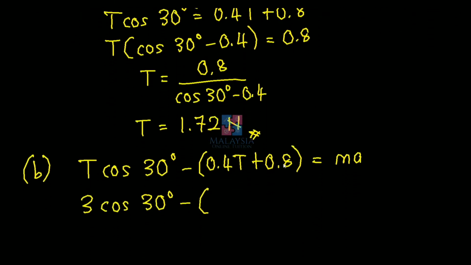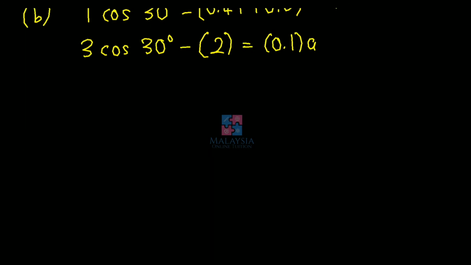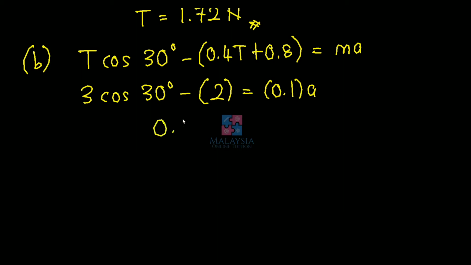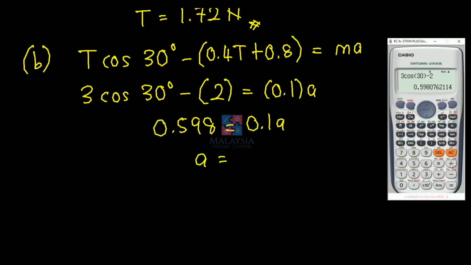1.2 plus 0.8, that will be 2, equals your m will be 0.1, and then a. So now you will have 3 cos 30 degrees minus 2, you will get 0.598, so 0.598 equals 0.1a, and finally your a will be equal to 0.598 divided by 0.1.